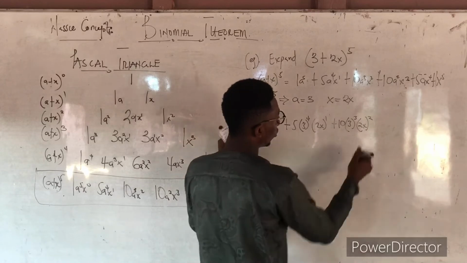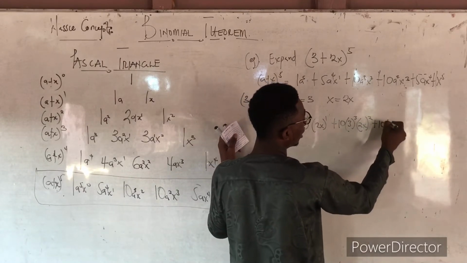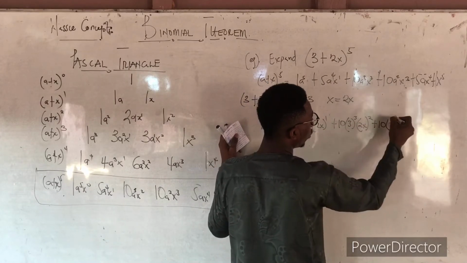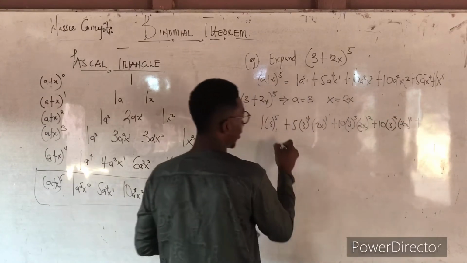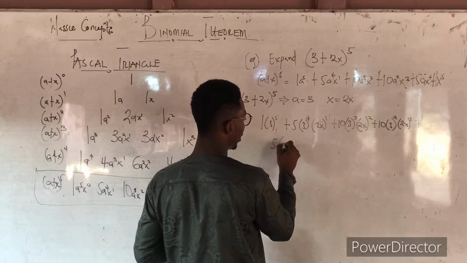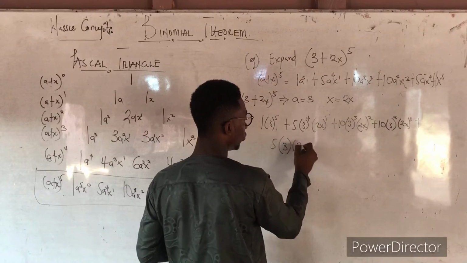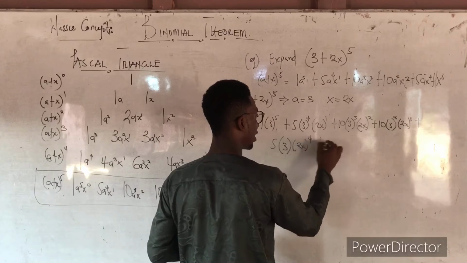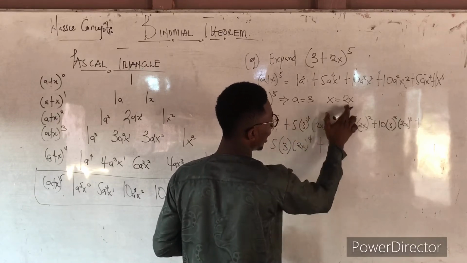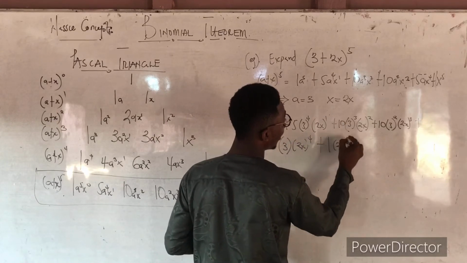Okay, so we continue, plus another 10, which is 3 exponent 2, bracket (2x) exponent 3, plus 5 into bracket 3, bracket (2x) exponent 4, plus 1 times (2x) exponent 5.